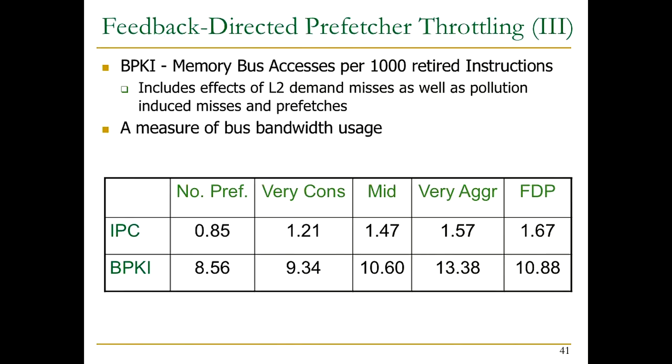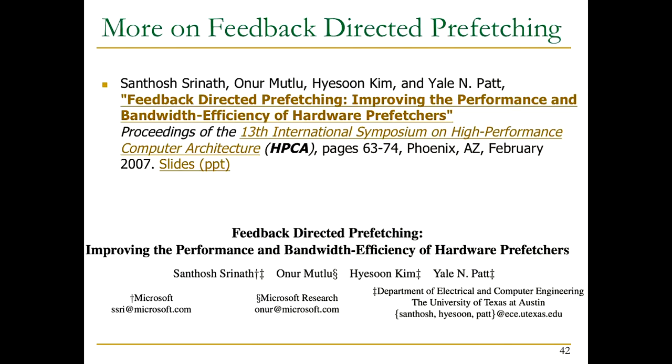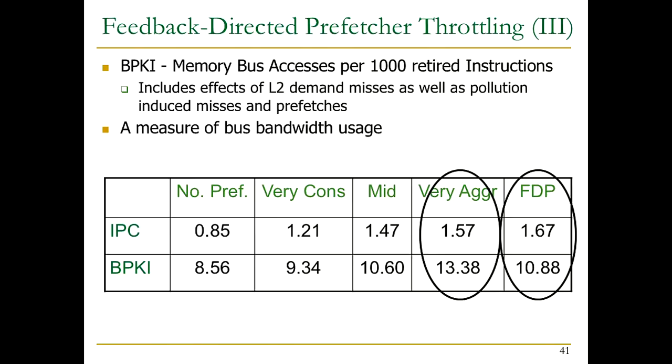But if you do feedback-directed prefetching, you do better than all of them over here in terms of IPC, and you keep the bus bandwidth in check as well. So your bus bandwidth is similar to middle of the road over here, as you can see. But your performance is much higher. So it's good to keep the bus bandwidth into account.